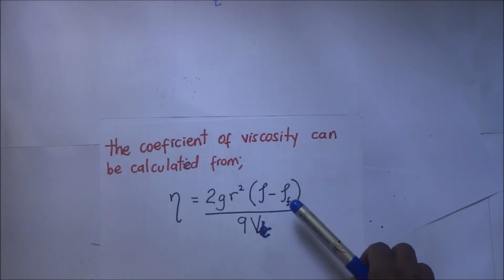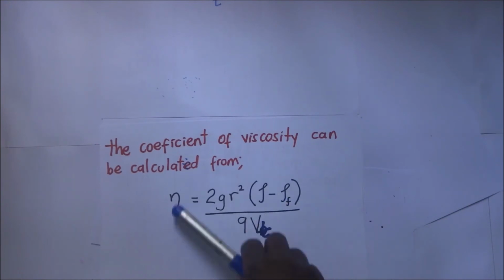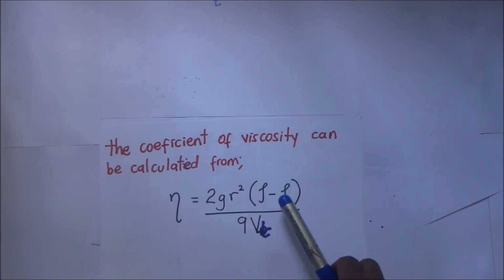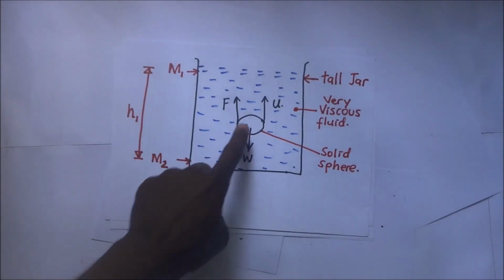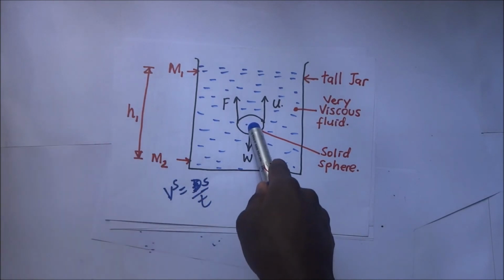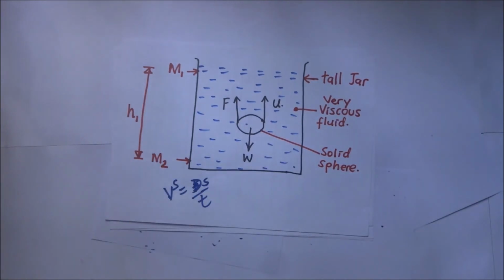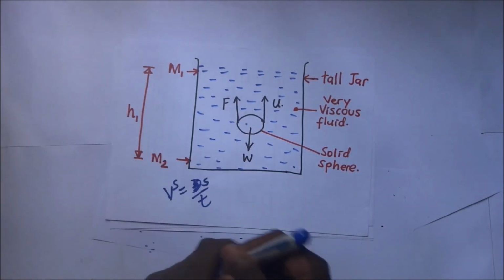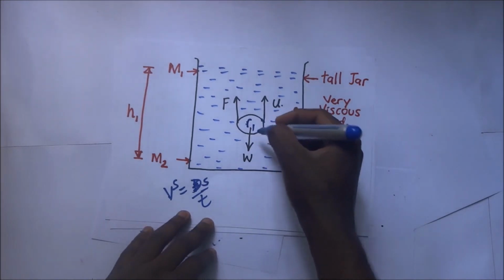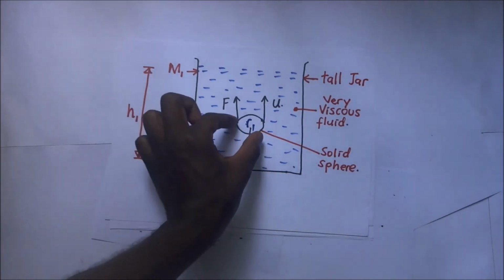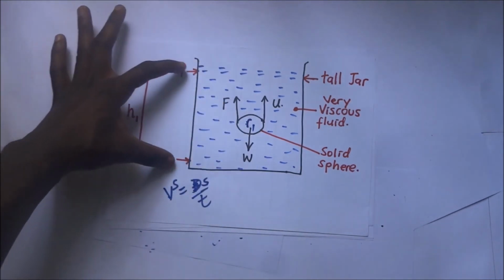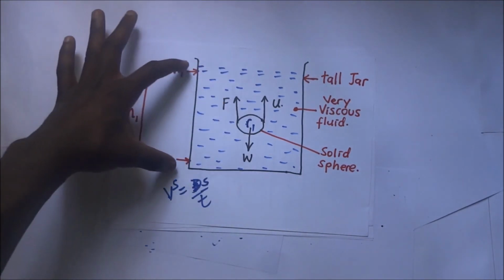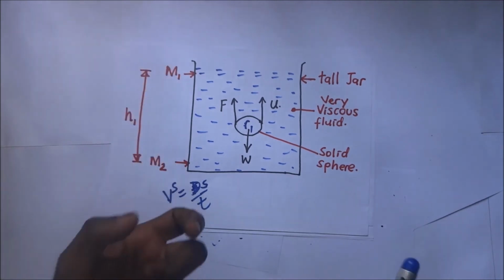After calculating the coefficient of viscosity using this expression that we derived in our previous session, we repeat this experiment. How do we repeat it? We have different solid spheres of different radii. Maybe this one is radius R1. You drop it through, and you find the terminal velocity by using your stop clock.